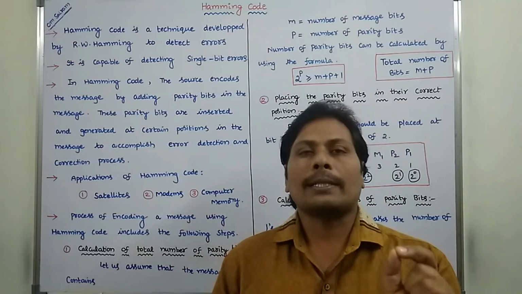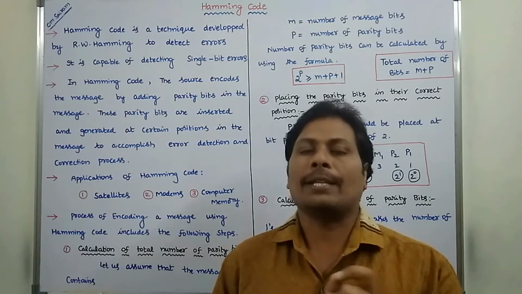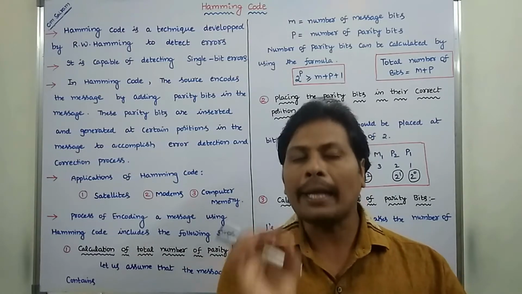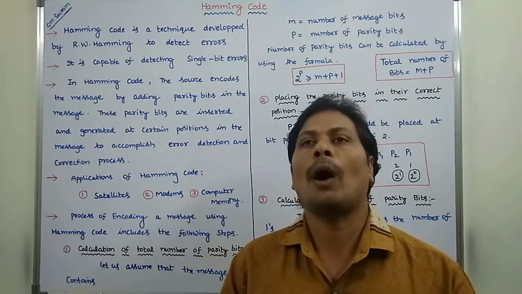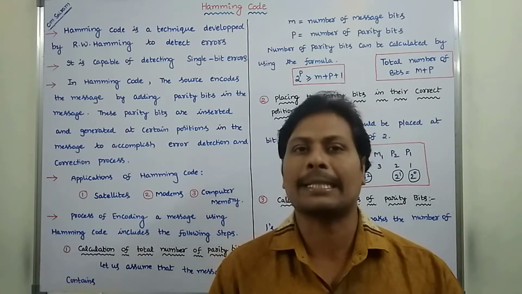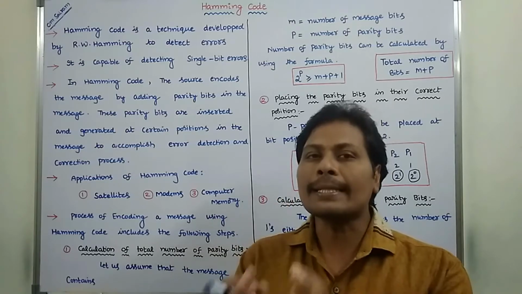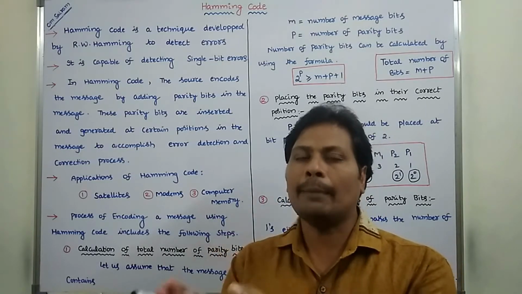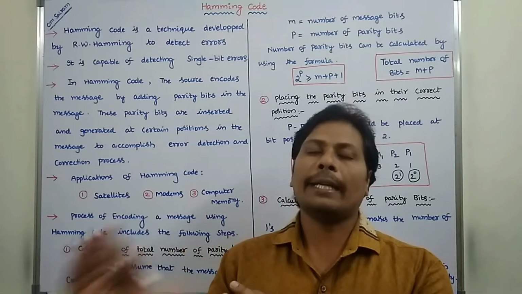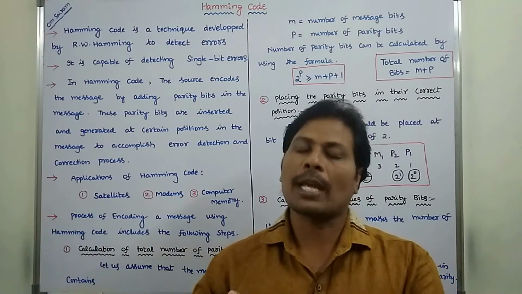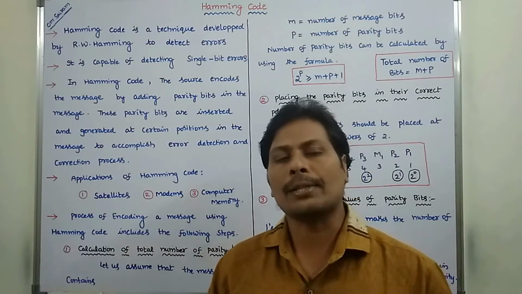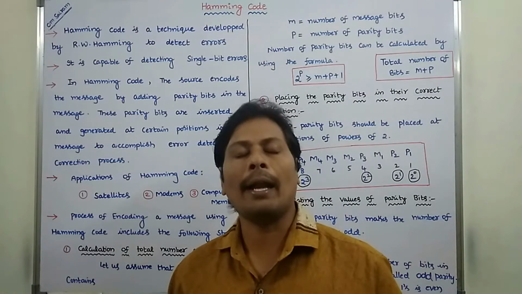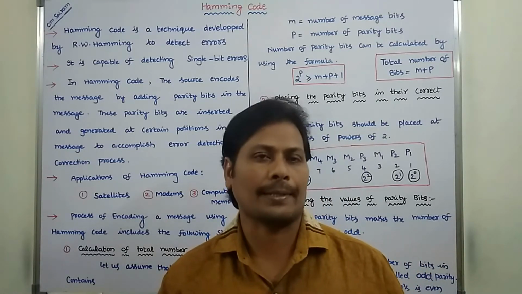The source can send a message by adding some number of parity bits or redundant bits and inserting these parity bits at particular positions in the given message to accomplish the error detection and correction process.